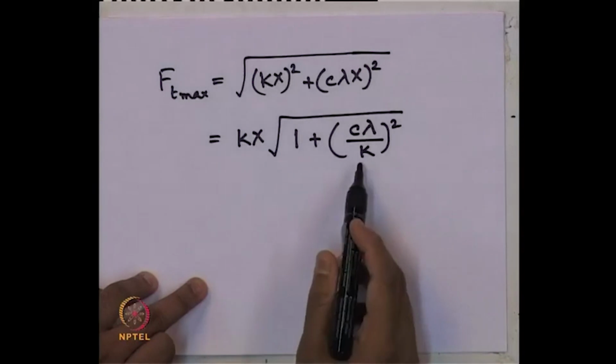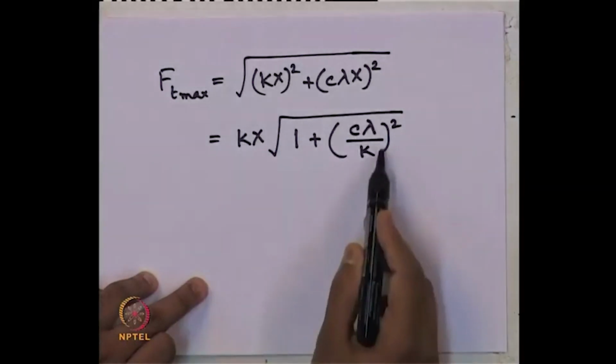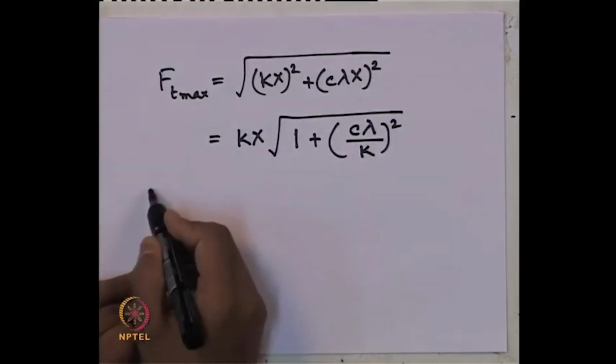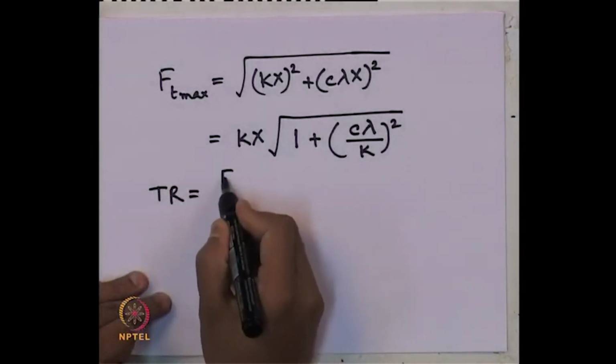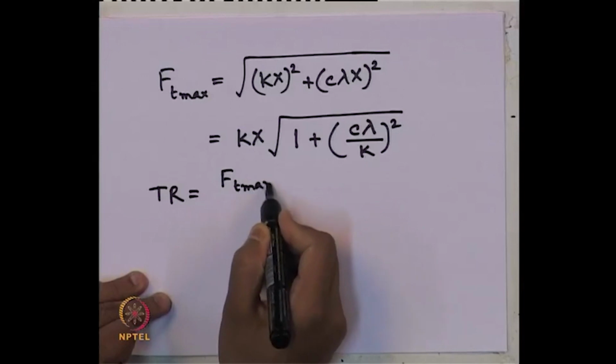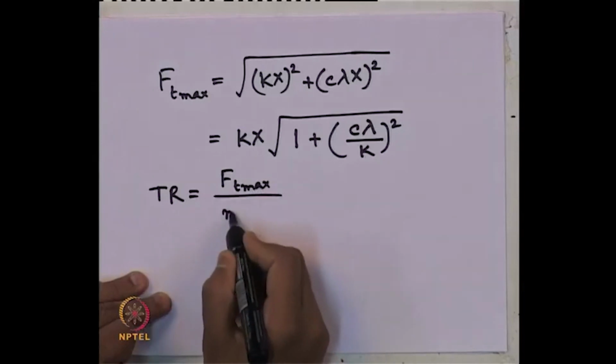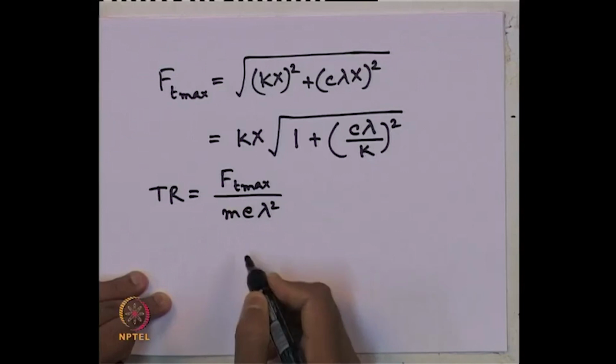I have taken out k x, so I am dividing by k x, that is why x vanishes. So, the transmissibility ratio is nothing but f t max by m e lambda square.